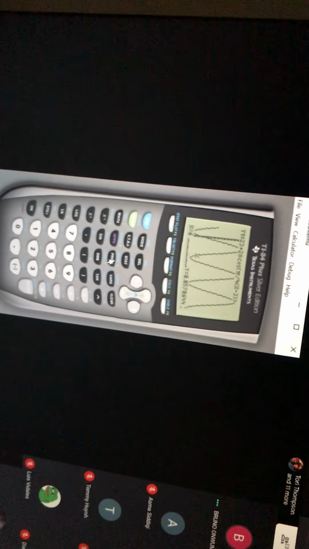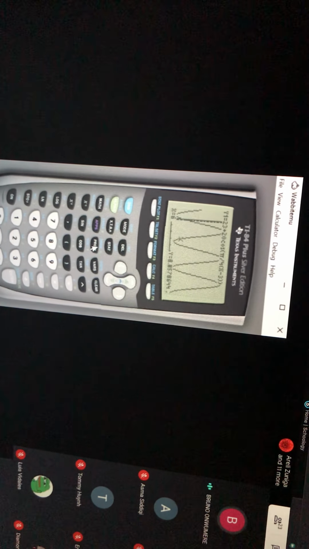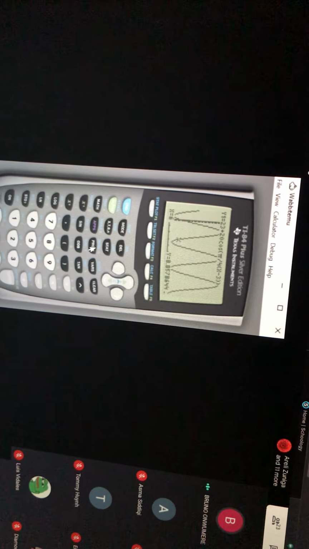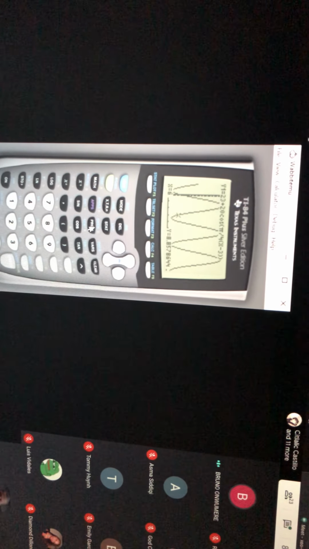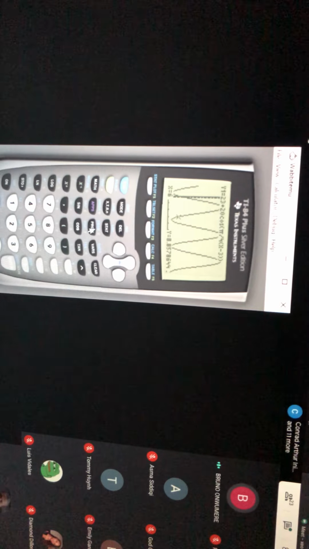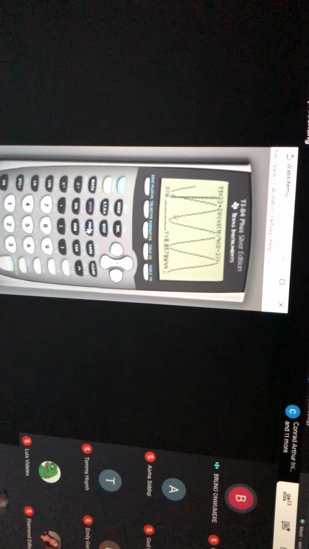Okay, that means you learned something. Let me see what you have. 23 plus 20 cosine of 5 over 4. No, you did not set it up right. I told you that if you put it wrong in your calculator, the calculator will not do the right thing. Clear that. Clear this.